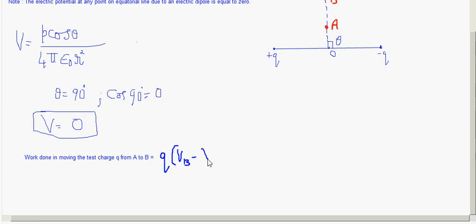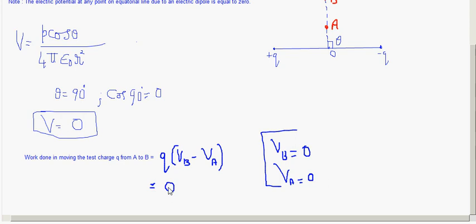VB is a point on the equatorial line, so VB is 0 and also VA is 0, and because of this the work done is 0.